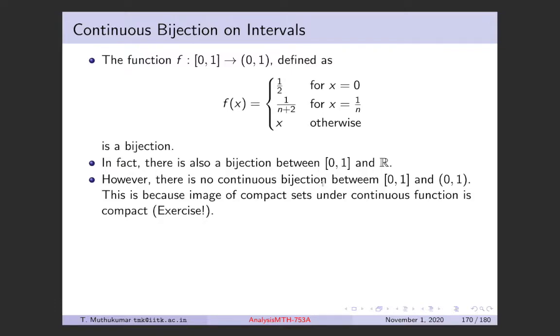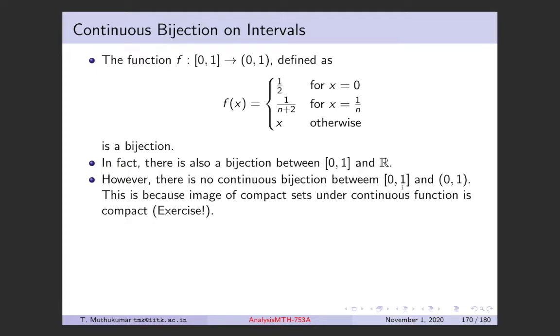On the other hand, there is no continuous bijection from [0, 1] to (0, 1). Here we have given a bijection already, but you cannot have a bijection which is continuous from the closed interval [0, 1] to the open interval (0, 1). This is a consequence of a simple result from metric spaces that you know: the continuous image of a compact set should be compact.